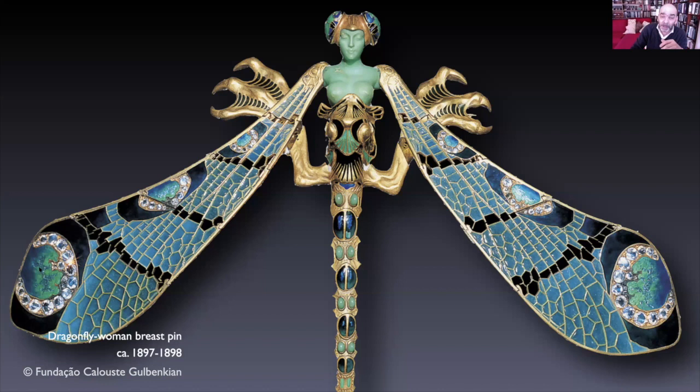You could think, wow, opal, yeah, but it's glass, it's enamel. I will tell you all about them in a minute. So this is the use of chrysoprase, most probably from Australia, that he used in more than one piece.